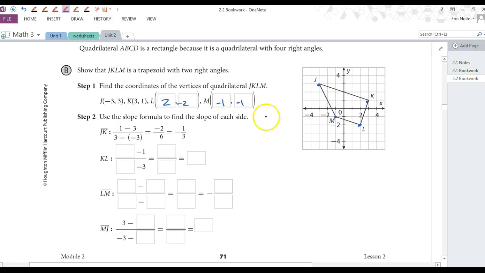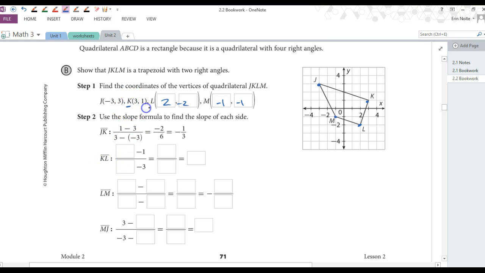Okay, next, to decide if these are parallel or perpendicular, we want to find the slopes of each of the lines. From J to K, they did this algebraically and found the slope to be -1/3.